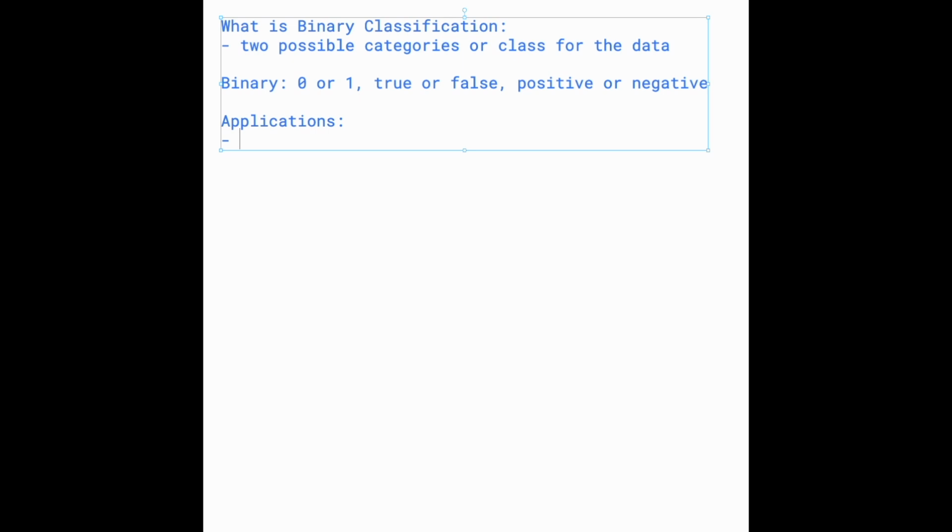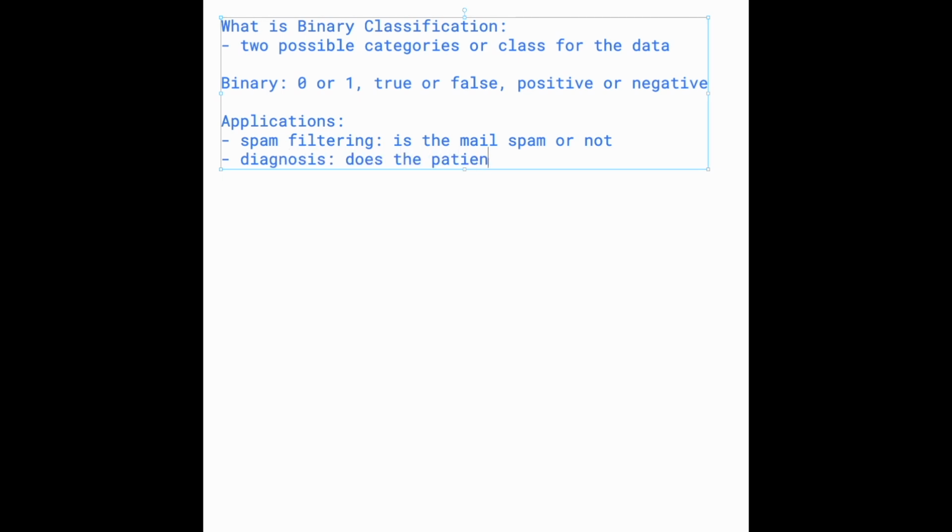This can be, as I talked about in the previous video, like spam filtering. So is an email spam or not? We can do it for diagnosis. Does the patient have a certain disease or not?